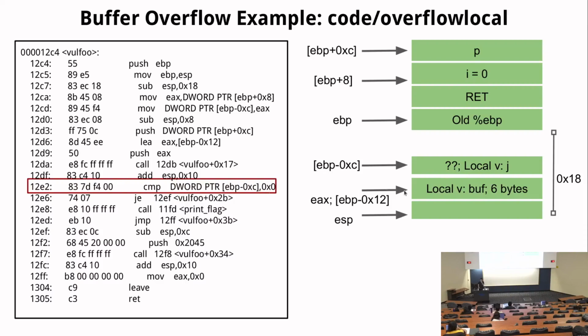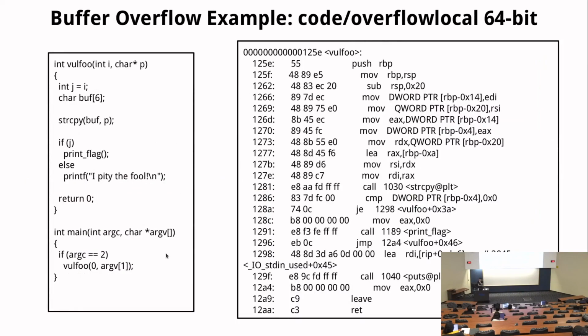Okay, because we already changed that. If we overflow this, we change this, so this compare will result in not equal, which will print the flag. Otherwise, it will print I pity the fool. So that's how it works in the 32-bit version.